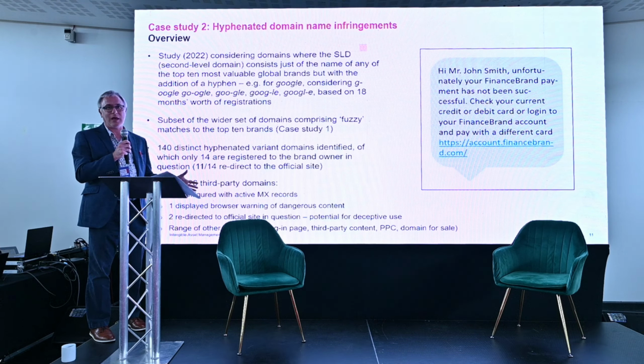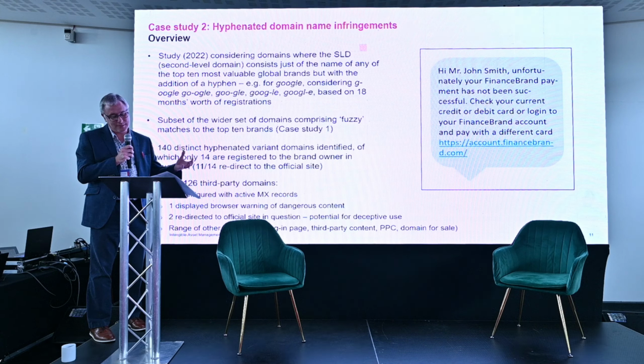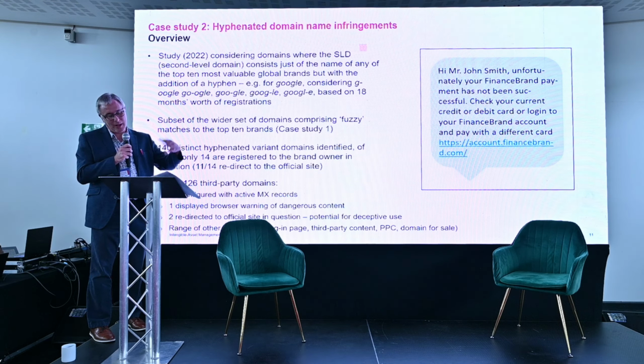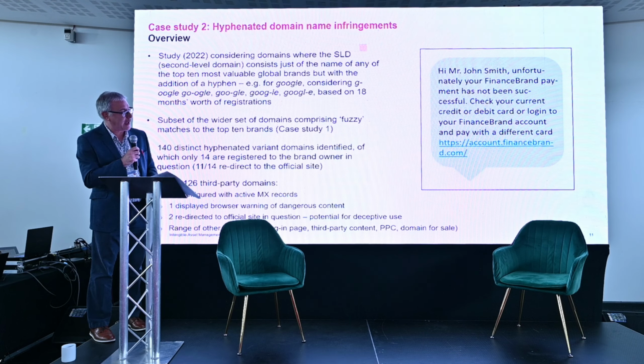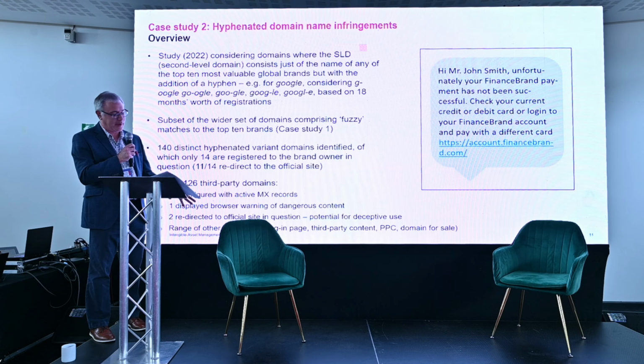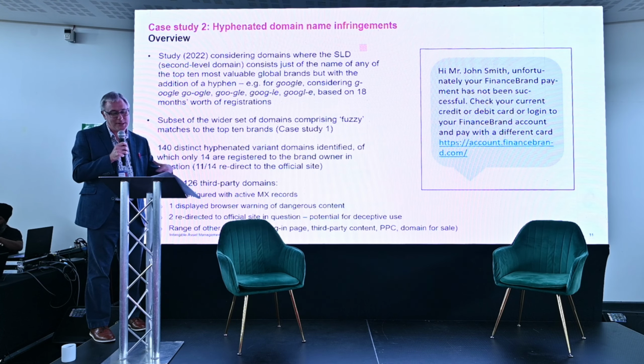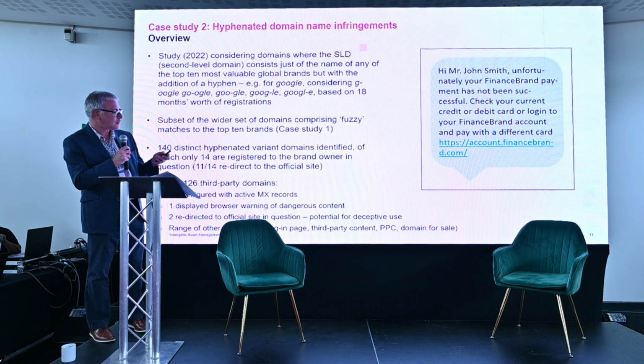Several of them had associated MX records, so potentially were being used to send emails. One of the associated websites generated a browser warning that deceptive content had already been identified and flagged to the browser. And some of the ones that did resolve to live content had content of concern in some cases, login pages, and so on.